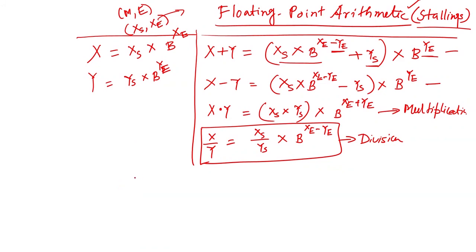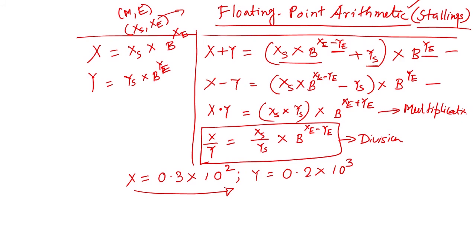So, let us say we have a number x equal to 0.3 into 10 to the power 2 and y equal to 0.2 into 10 to the power 3. We can represent y in the exponent of 10 to the power 2, the smaller number, but the general practice is to represent the number in the higher exponent. Why do we do so?